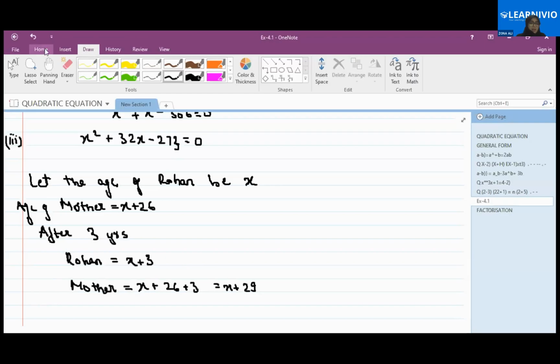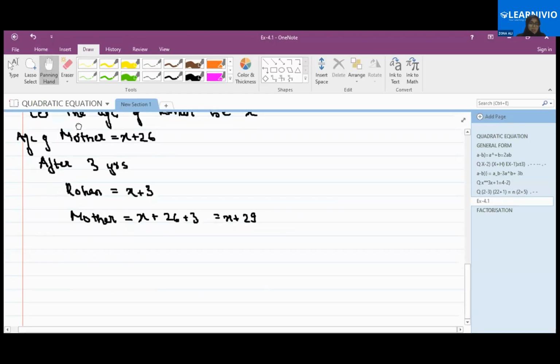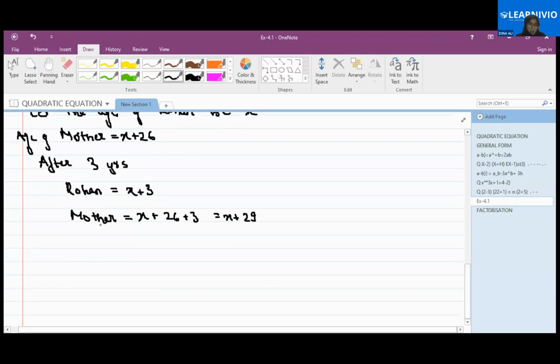Now after 3 years, the product of ages, that is x plus 3 into x plus 29, is equal to 360. So we'll multiply it.